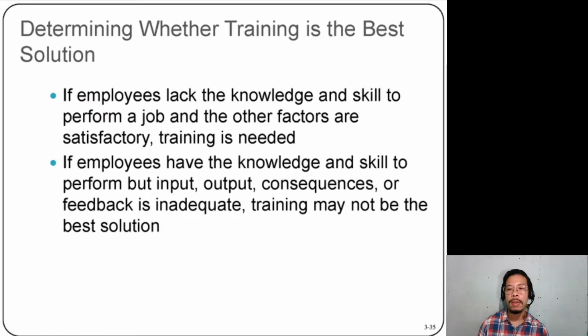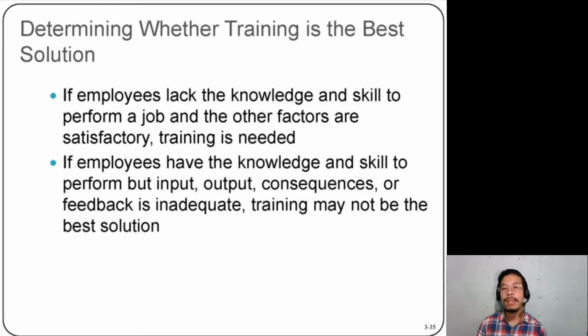To determine if training is really the best fit to answer the problem, you need to consider the following statements here. If employees lack the knowledge and skill to perform a job and other factors are satisfactory, training is needed, right?